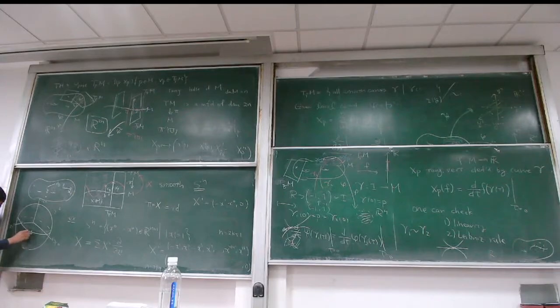For instance, this point is orthogonal to x1, x0, and the vector field is orthogonal to this vector, so if you take the inner product you get 0.